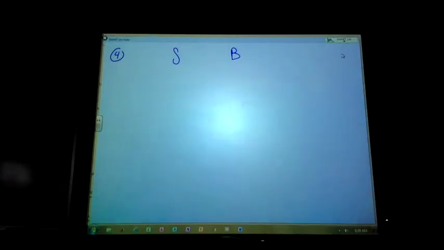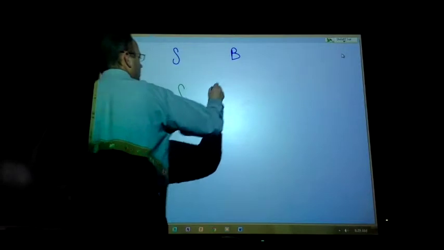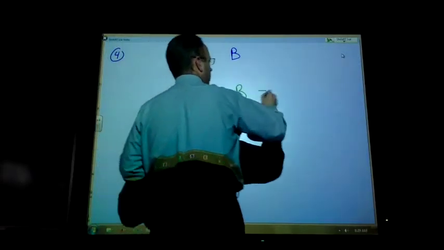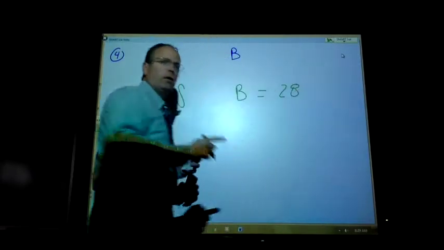What do we know about either of the numbers? What does the problem itself say? 8 times small number. We know it's 28. Okay. So somehow S and B are going to be put together to give me 28.